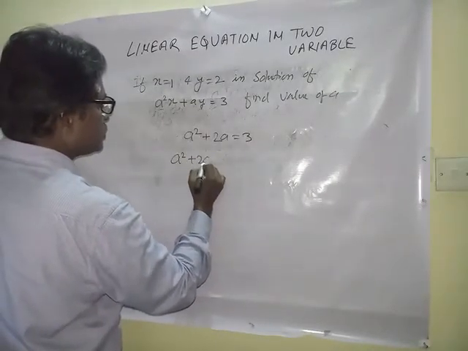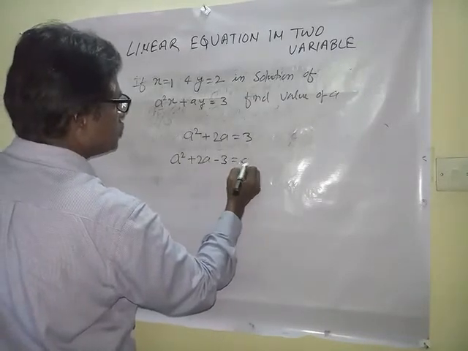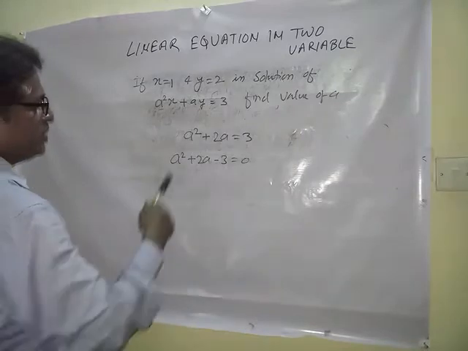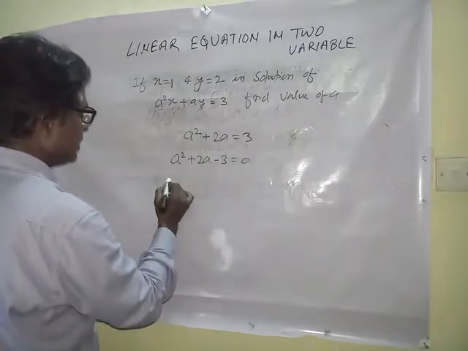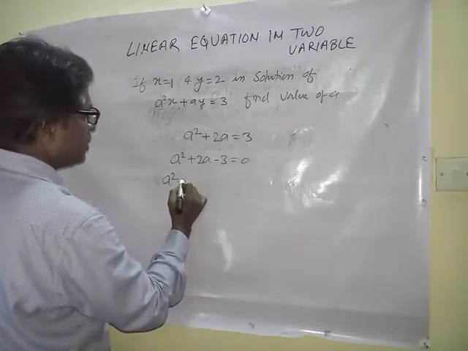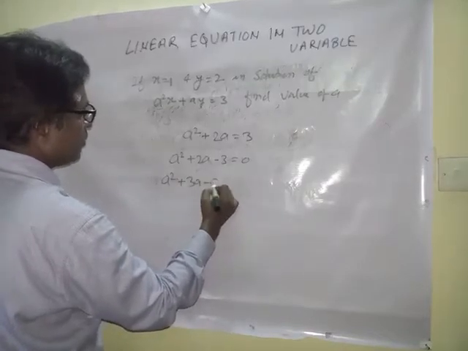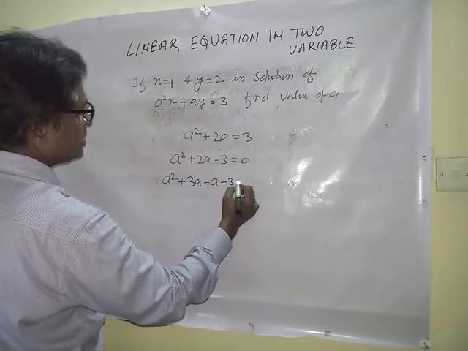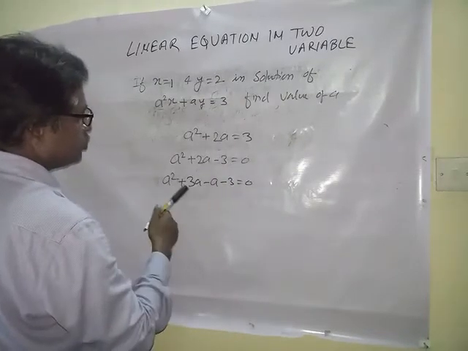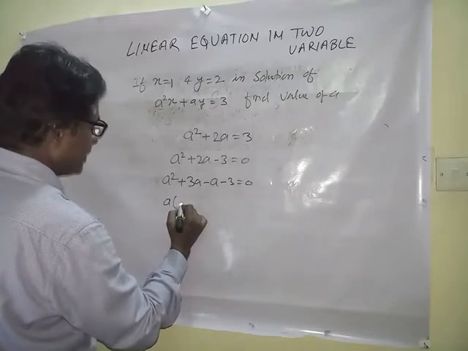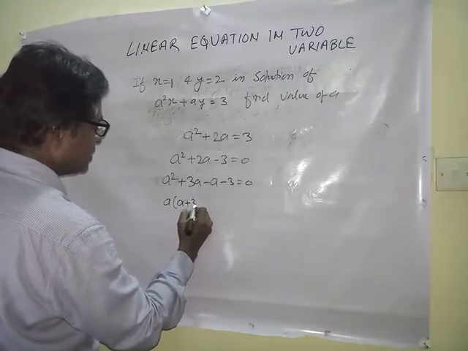Take 3 here. A square plus 2a minus 3 is equal to 0. Now in this equation you cannot find out the value of a directly, so use the splitting method. A square plus 3a minus a minus 3 is equal to 0. As I told you, the more you practice, the easier it will be. Take a common, a plus 3.